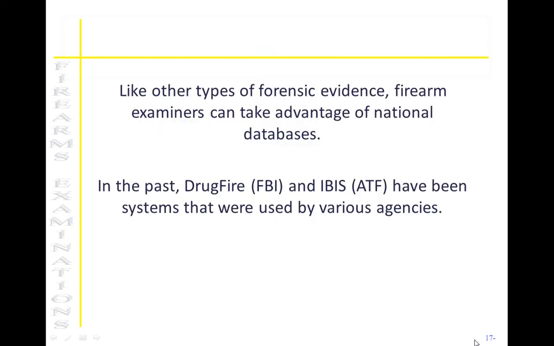In some instances, though, it might not be possible to have that known weapon or the known ammunition, and at times like this, the firearms examiner may be able to take advantage of a database. In the past, there were two databases that were used, one primarily produced through the FBI and another produced by the ATF.